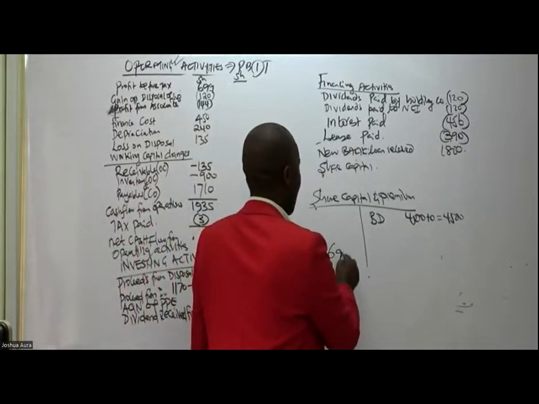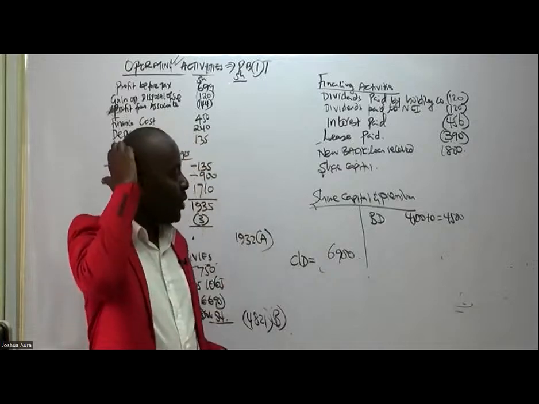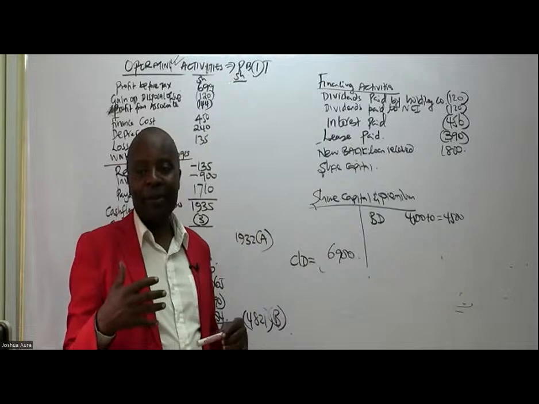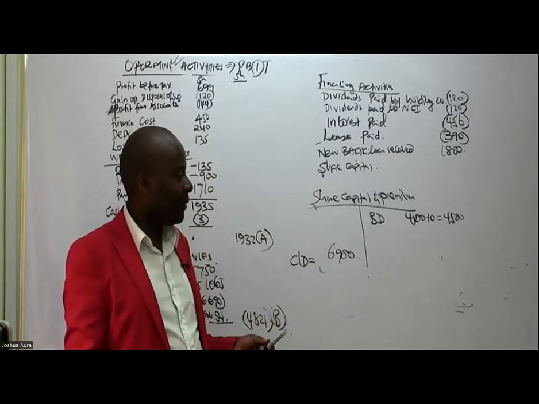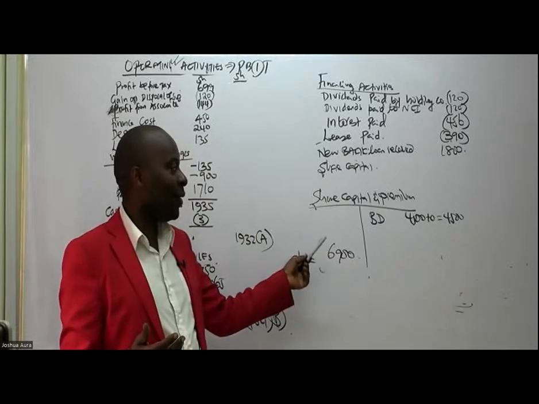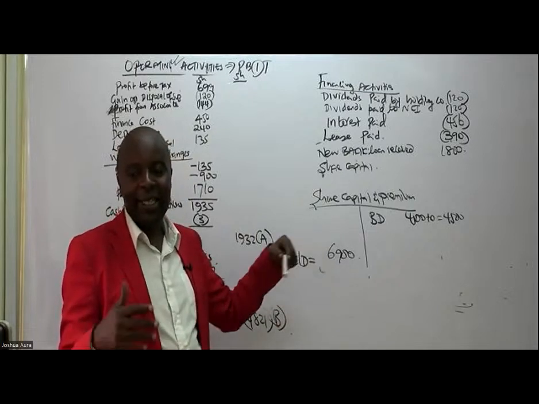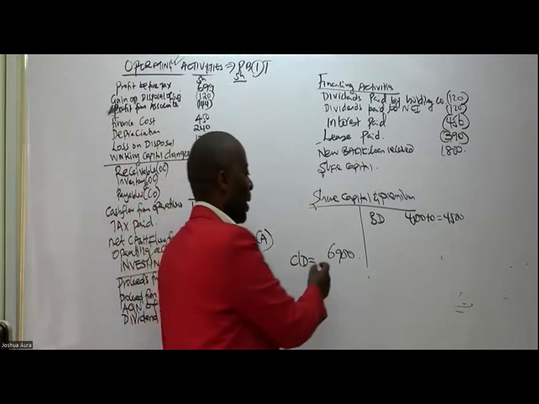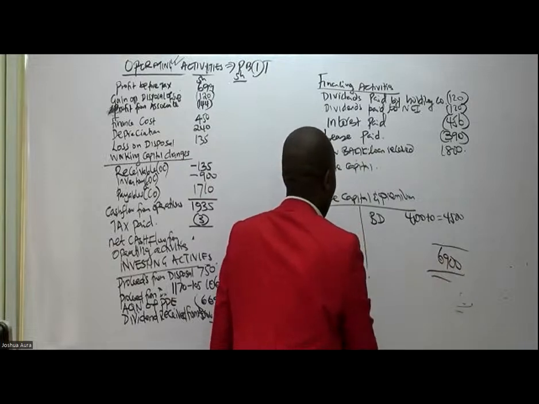If, for example, in the period we had other things like bonuses, they would have affected the account straight away and been brought here. But here there is really nothing much. We only need to get the balancing figure, which is 6,900.